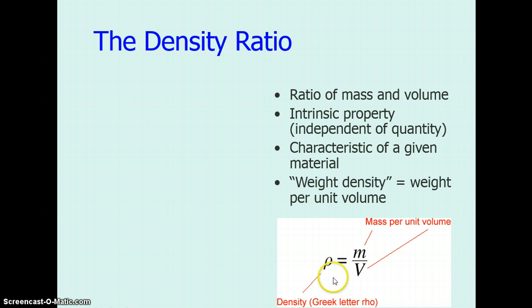So the density would be in the units of grams per cubic centimeter. The density is usually compared to the density of liquid water, which of course is 1 gram per cubic centimeter. Things less dense than water would float in water. Things more dense would sink, and so that's why we usually compare things to the density of liquid water.